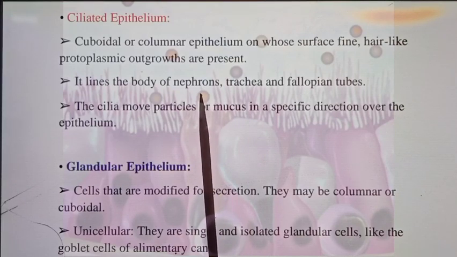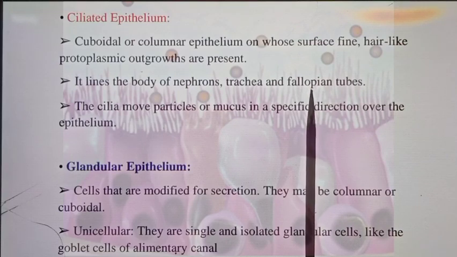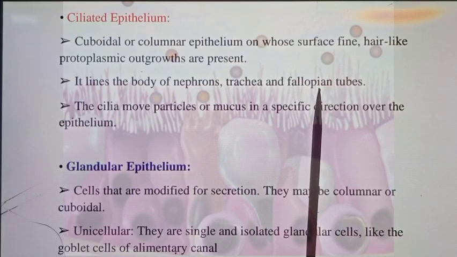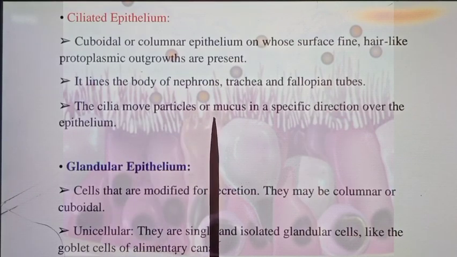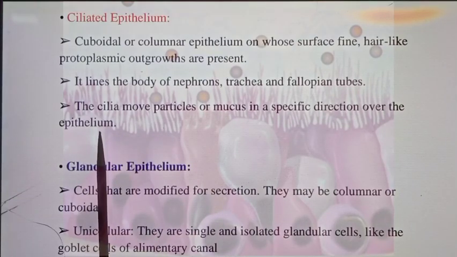And in the nephron also, and in the fallopian tube also, because of this ciliated columnar or cuboidal epithelium, the cilia move the egg cell from the fallopian tube to the uterus, and cilia move the particles or mucus in a specific direction over the epithelium.